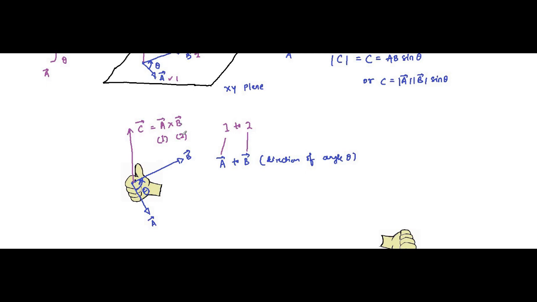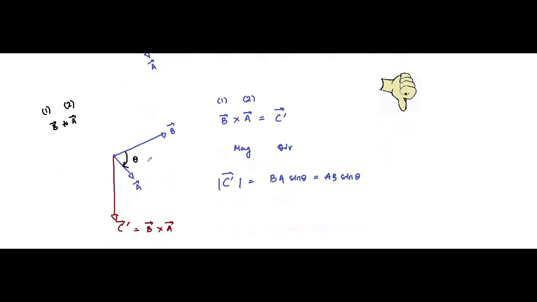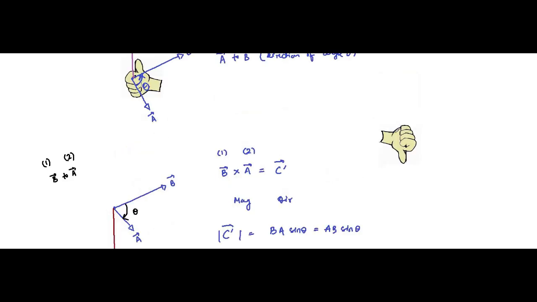But in the second case, the direction of the angle theta has changed in the opposite direction. Now it is from B vector to A vector. B vector is first, A vector is second. So this again can be emphasized by the right hand thumb rule. Here, this is B vector and this is A vector, with angle theta.